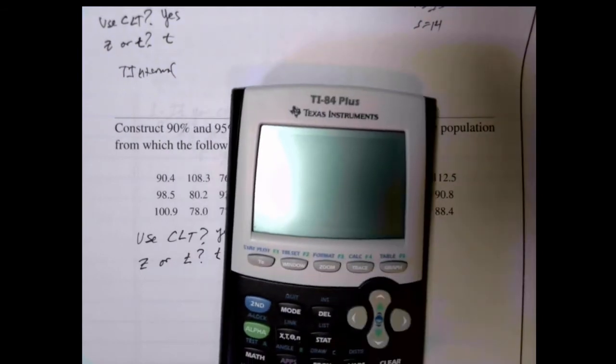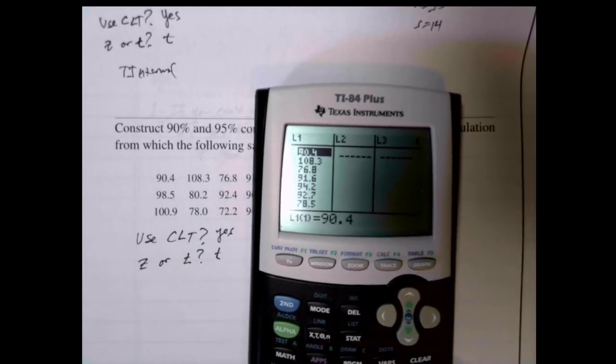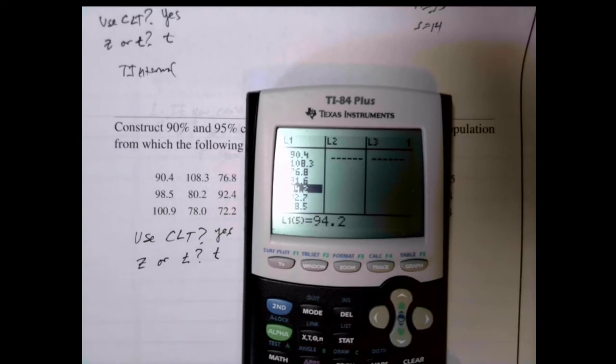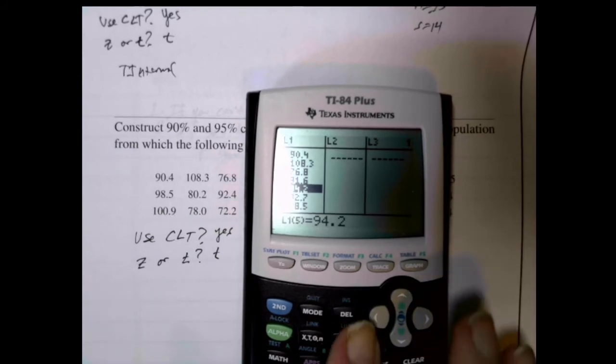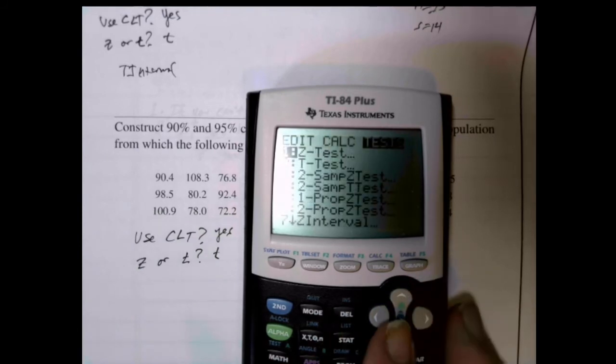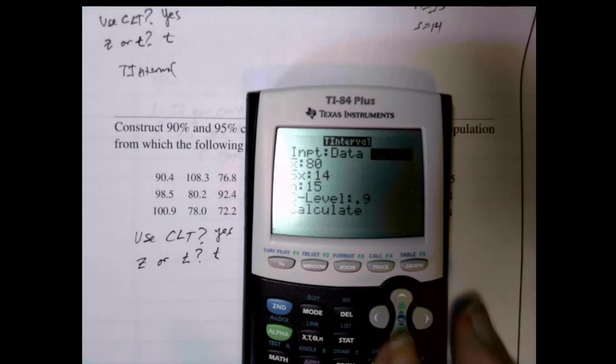All right. So what would I do? I'd hit stat and then edit, and I'd put all the data in the list L1. And actually, I've already done that. You put the data in list L1. Once it's in there, you just go to T interval: stat, go over to tests, down to number 8, T interval. Then you arrow over to data and hit enter.